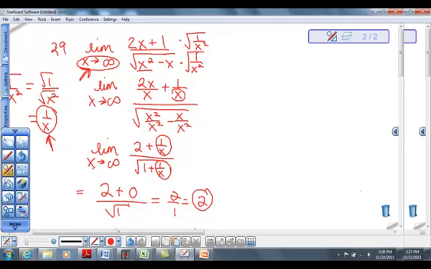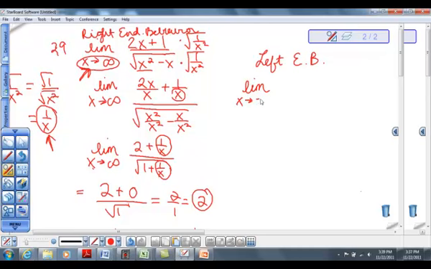Technically, what we just found was our right-hand behavior. And now I'm going to find the left-hand end behavior, LEB, I'm just going to call it. So we're looking at the limit of this same function as x approaches negative infinity.